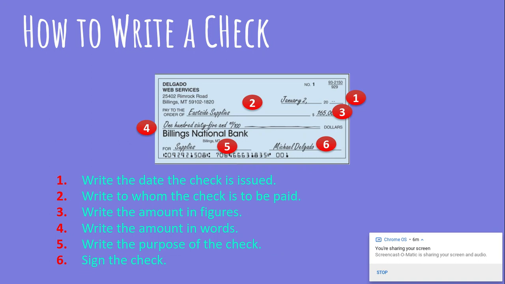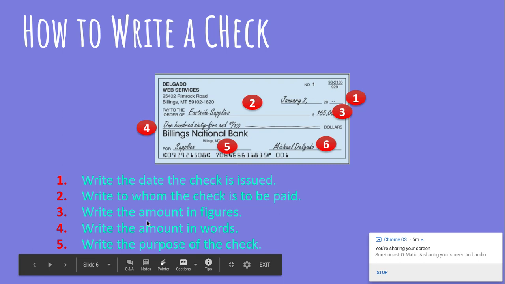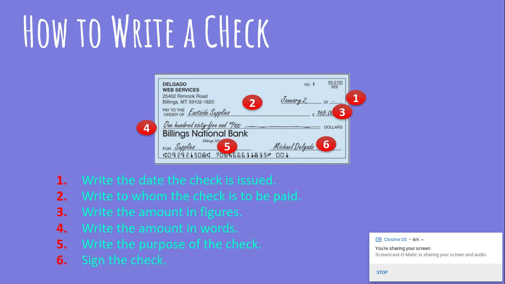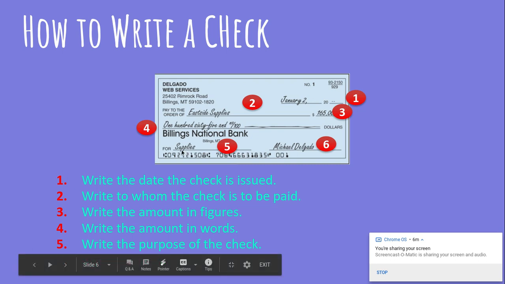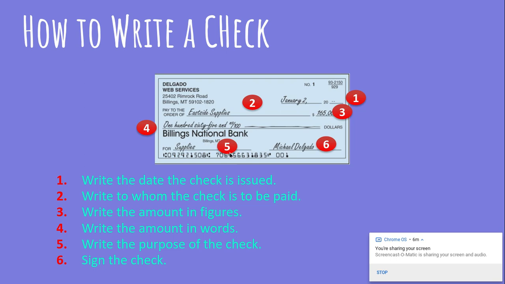What a routing number does is get you to the bank that you're banking with, okay? So this routing number would go to Billings National Bank, okay? So when all of our checks get sent in, they know any that have that routing number goes to Billings National Bank, okay? And then this right here is our account number.